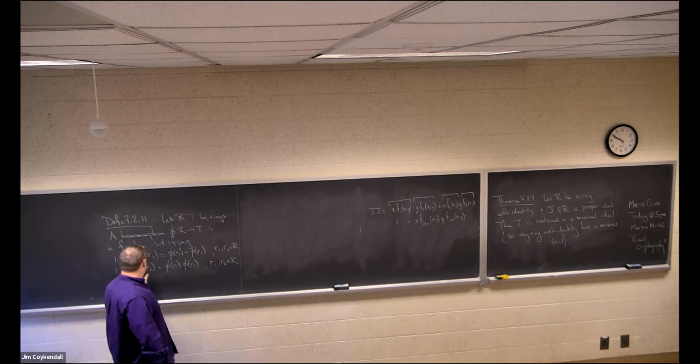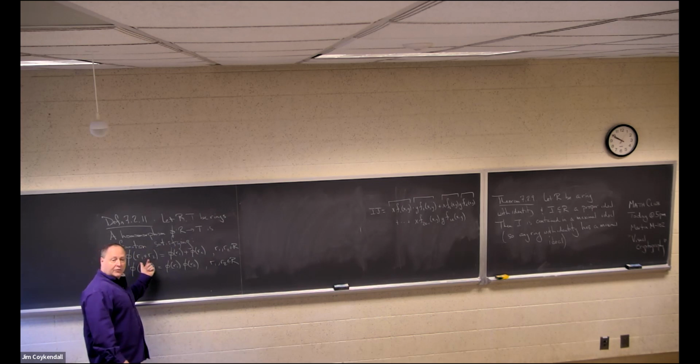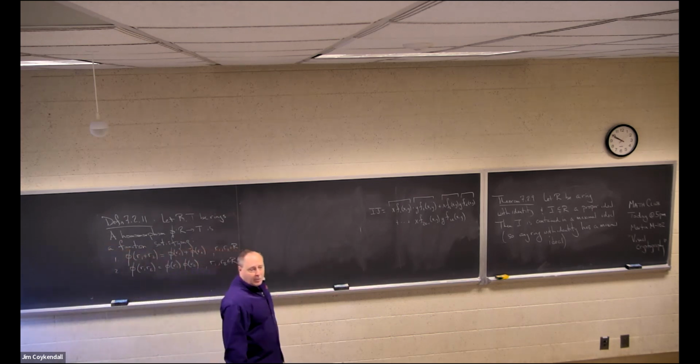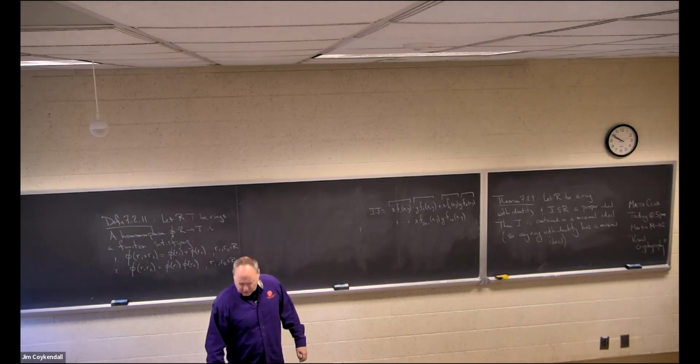So you can't turn these around. But for addition, you can interchange R1 and R2 because addition is assumed to be commutative, right? That's my abelian group part. Good.